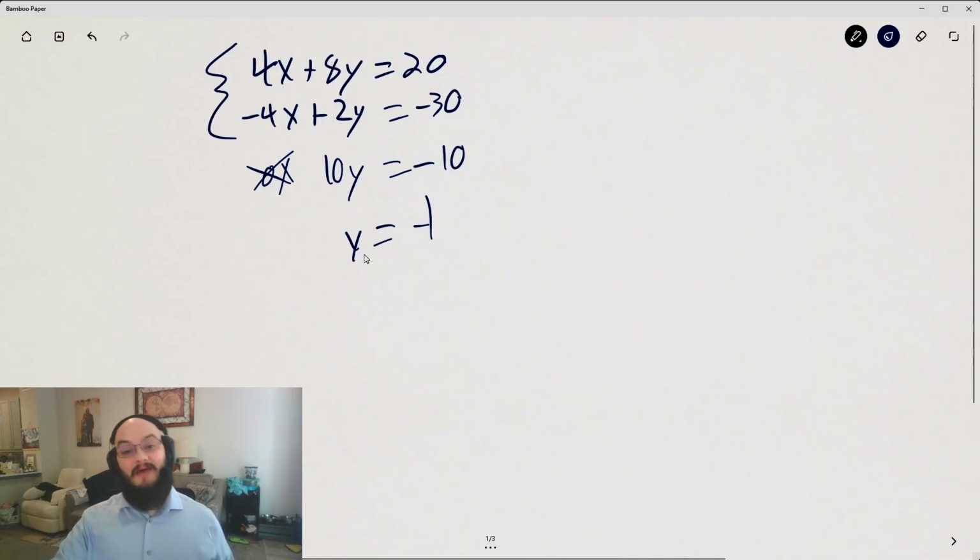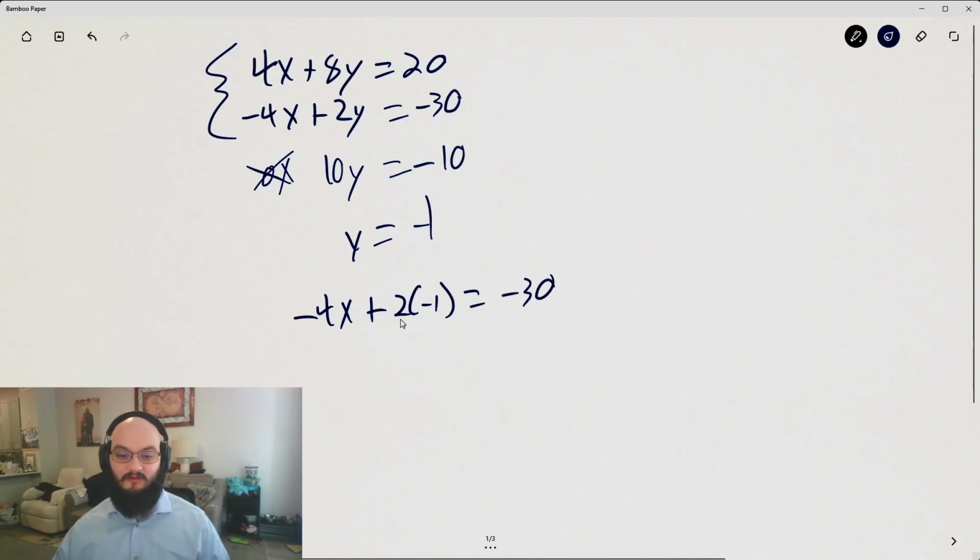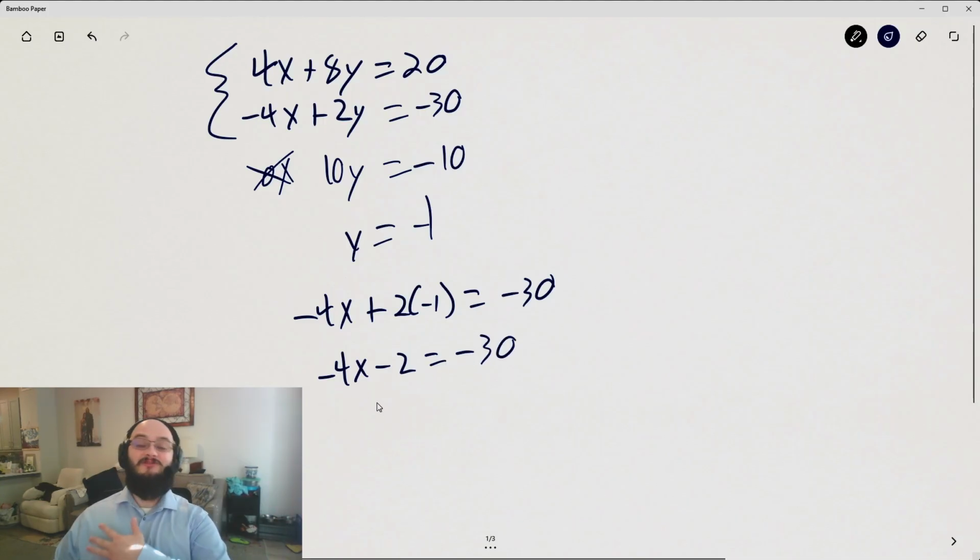We substitute this back into either of the equations. Let's use the bottom one. Negative 4x plus 2 times negative 1 is equal to negative 30. This multiplied out is negative 4x minus 2 is equal to negative 30. I have everything as a negative, so let's go ahead and convert that to a positive.